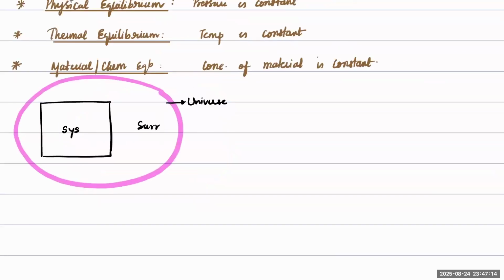So in short, system is a part which is under observation, which we are able to see, we are able to understand what are the changes that are happening. And surrounding is something which is away from the system, where certain boundaries are being met, and overall whatever the system and surrounding is, that is universe. Correct?